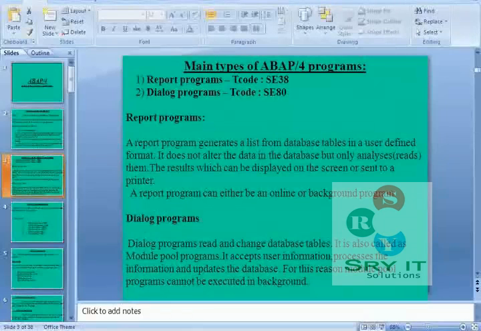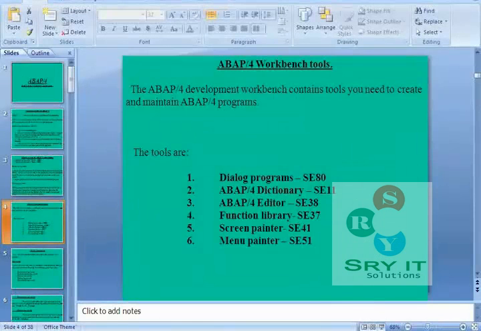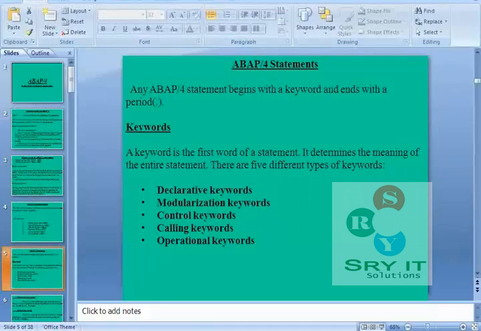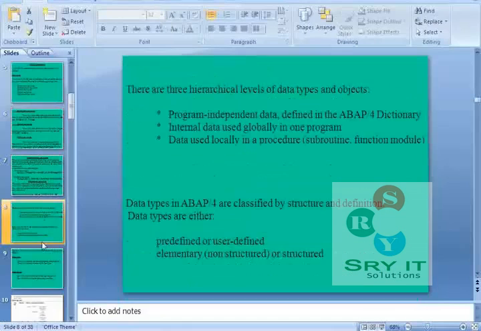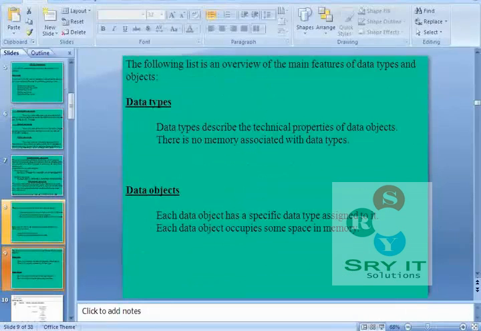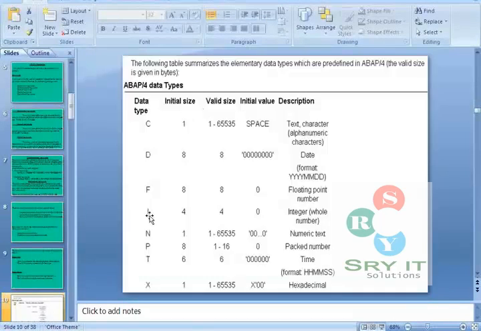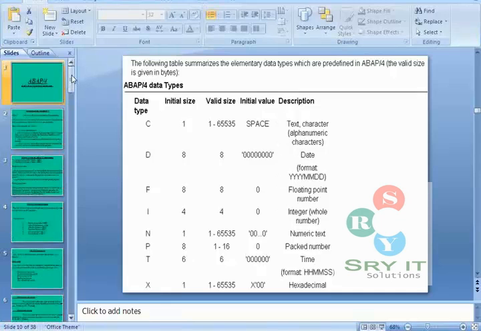So ABAP, the main types of programs, and the ABAP Workbench tools. What tools are there in SAP ABAP, and how can we use them? Then what keywords are there, the different types of keywords. After knowing the keywords, we will understand data types and data objects. What is a data type? What is a data object? And after that, the different types of data types in SAP. So we will be starting with this basic one.